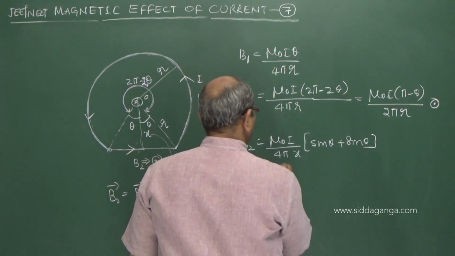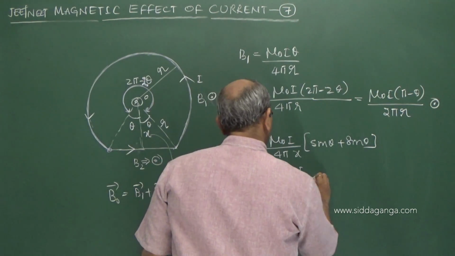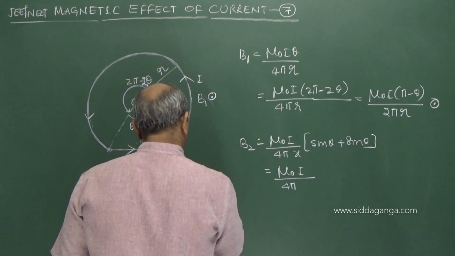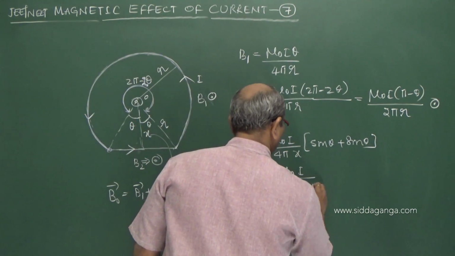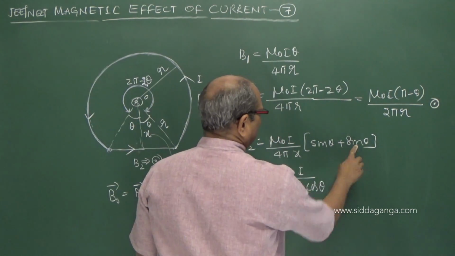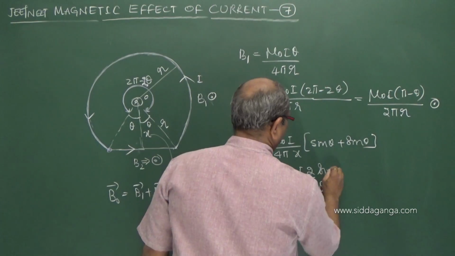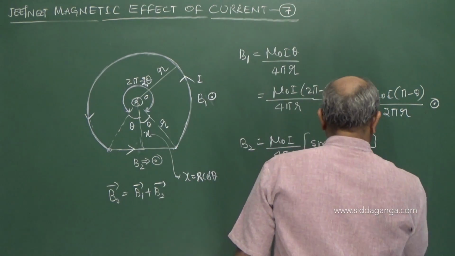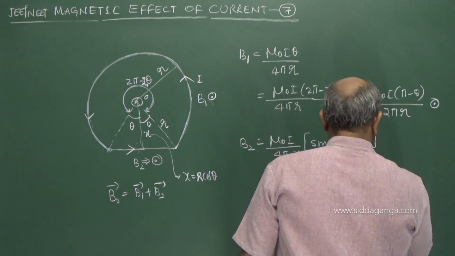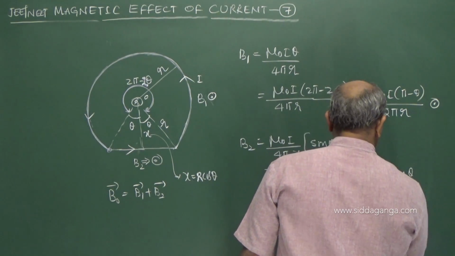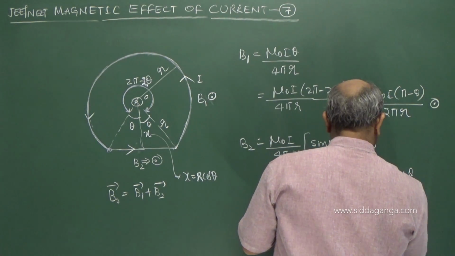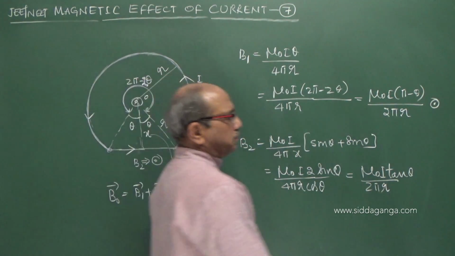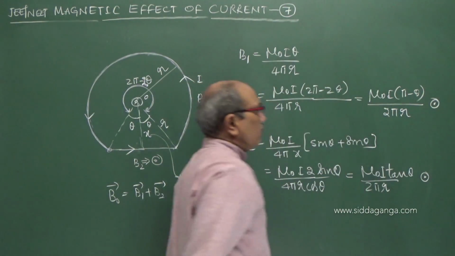X is r cos theta. Mu naught I by 4 pi r cos theta multiplying 2 times 2 sin theta. The 2 cancels here, and we get mu naught I tan theta by 2 pi r. This second one also gives the field outward.